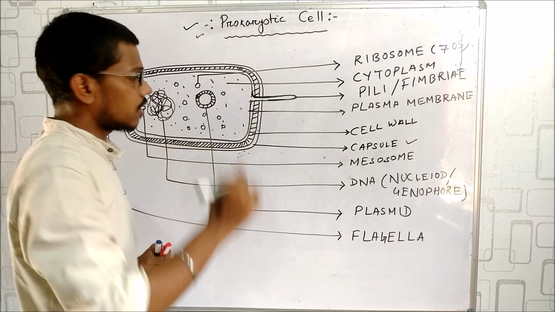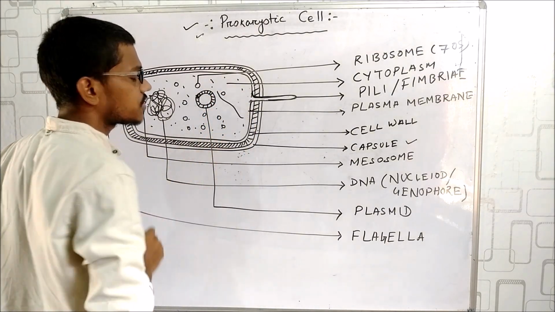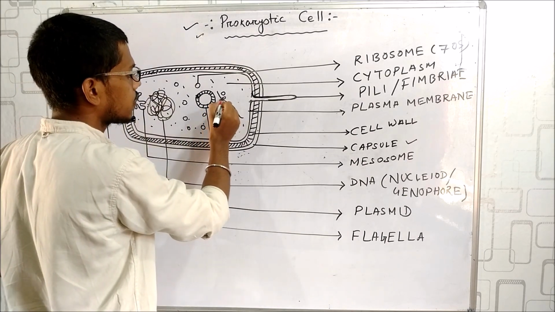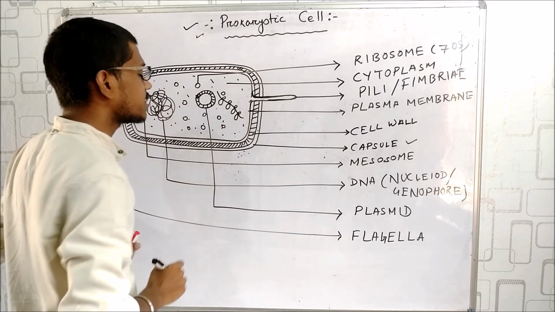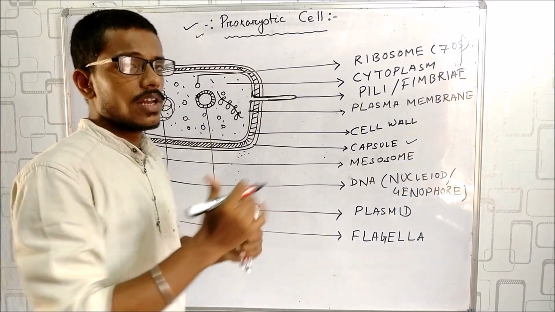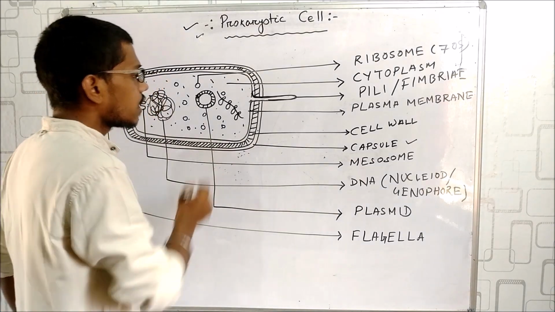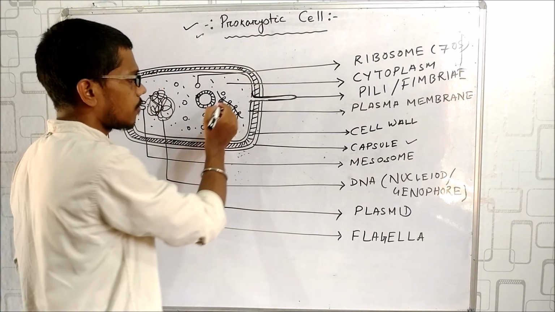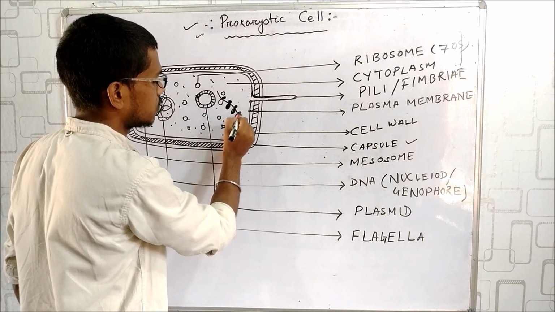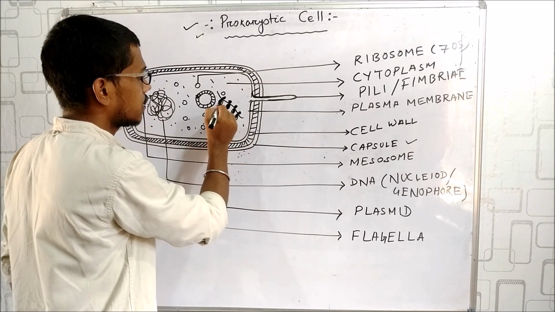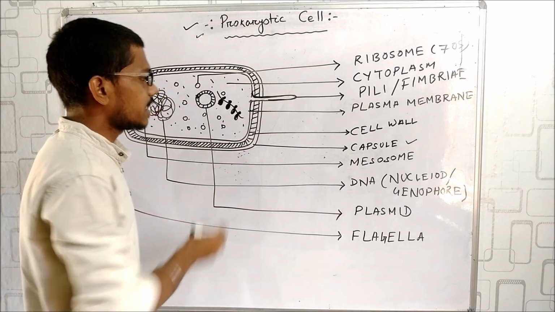Before that, another thing is present in bacteria. Suppose this is the RNA, and during protein synthesis the RNA is involved with the ribosomes. What happens during protein synthesis? The mRNA joins with these ribosomes, having larger and smaller subunits, and this beadlike structure with the RNA is called what?